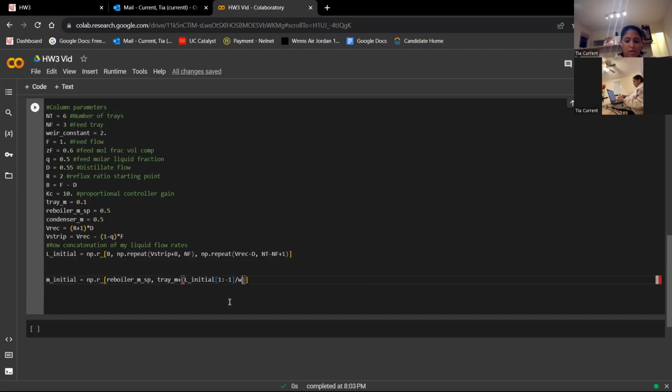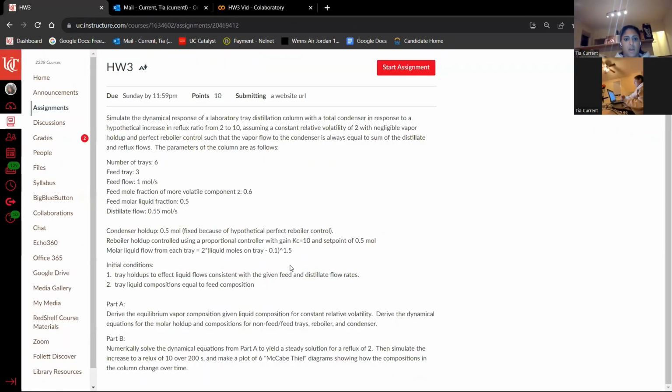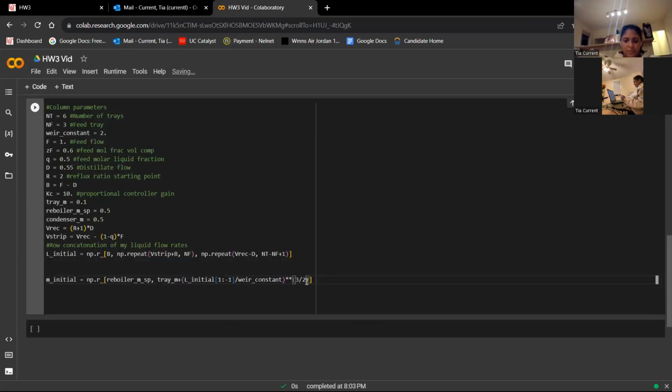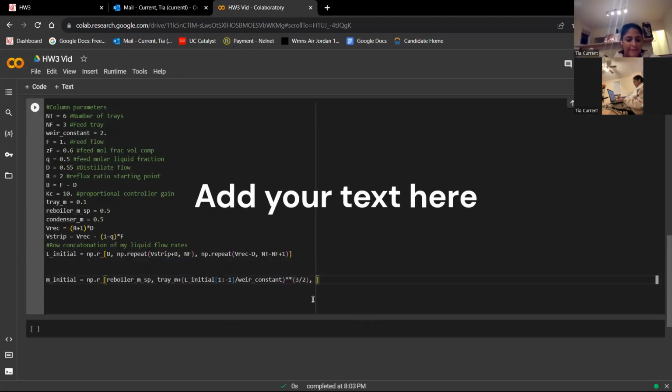This is divided by the Weir constant. And this is to the 1/2, 1.5 from the homework, comma, condenser underscore n, close bracket.